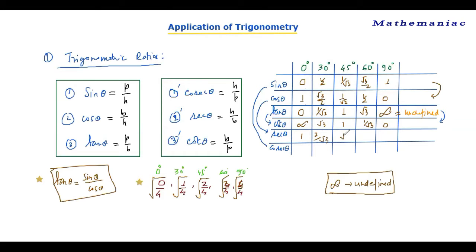Reciprocal of 1 by root 2 is this much. And then this will be undefined again. Right? Again, I'm saying you should write undefined. And then again you do this. Right? So you'll be getting here. This way, you are going to create the whole table.